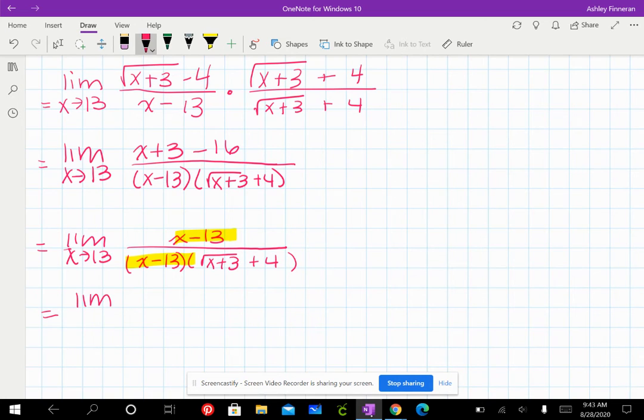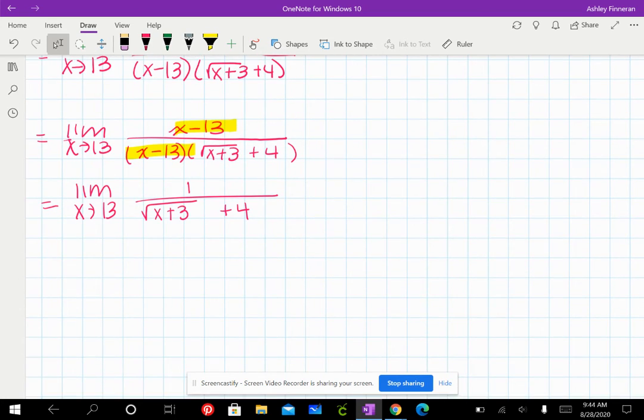So I'm still writing the word limit as x goes to 13. So I have 1 over radical x plus 3 plus 4. Now I'm able to use direct substitution to find my answer because I've eliminated the hole. So I have 1 over radical 16 plus 4, which is 1 over 4 plus 4, which is 1/8.